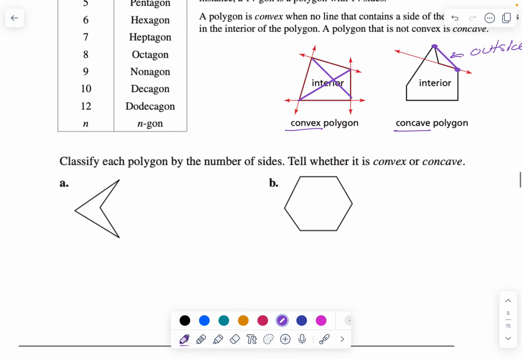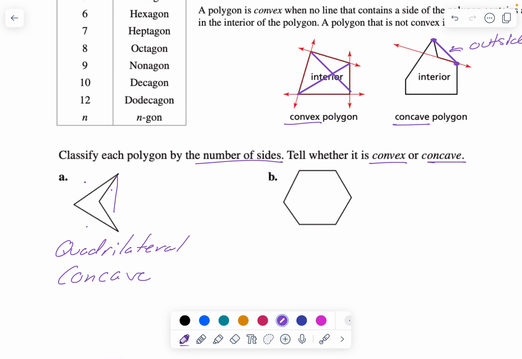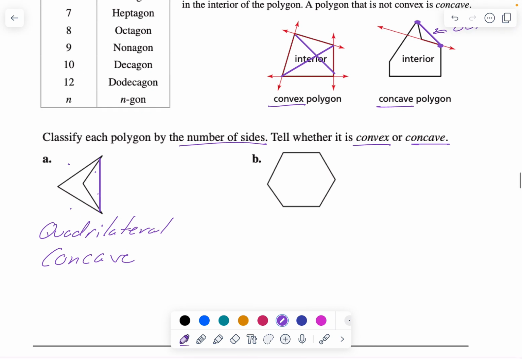All right, so we're going to practice this. We're going to classify each polygon by the number of sides, give it that name, and say whether it's convex or concave. You can pause this and do it on your own, and then push play in a minute. All right, this polygon has 1, 2, 3, 4 sides, so it's a quadrilateral. And it is concave because we can connect those 2 vertices there, and the segment is outside the polygon.